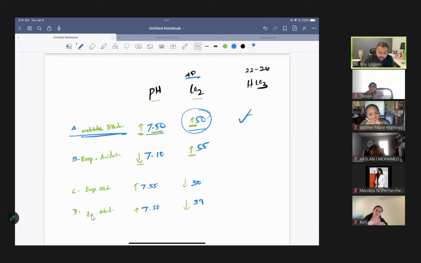Okay, let me repeat again. Patient has metabolic alkalosis. For metabolic alkalosis, compensation is respiratory acidosis. Is that clear, folks? Respiratory acidosis means the normal 40, so it should be more than 40. Here I have 50. That means it is compensated. It has more than 40, which means extra 10 molecules of carbon dioxide. So it's compensated.